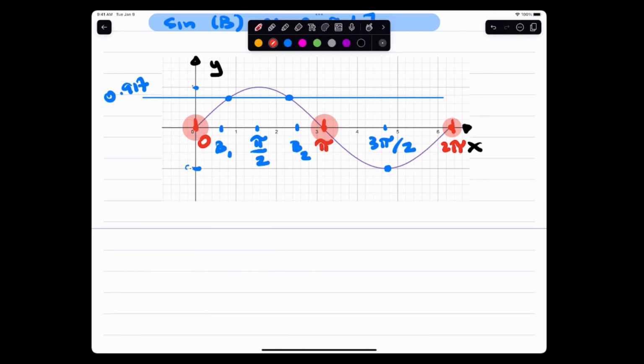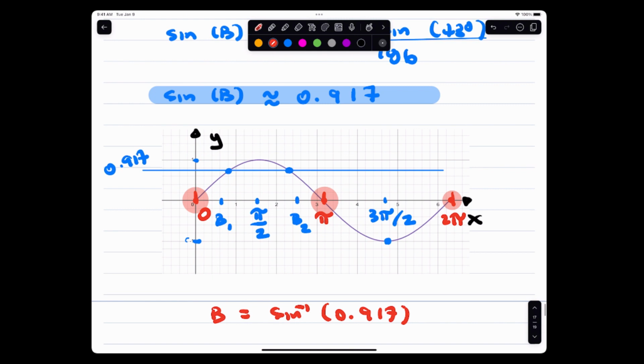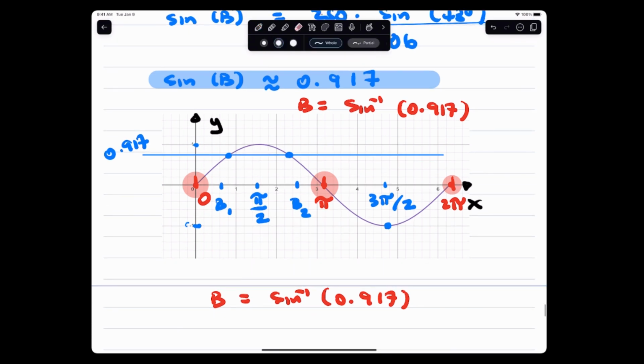So B is the inverse sine of 0.917 in your calculator. B will be the inverse sine of this, and then let's find what that actually is. You guys with me on that?